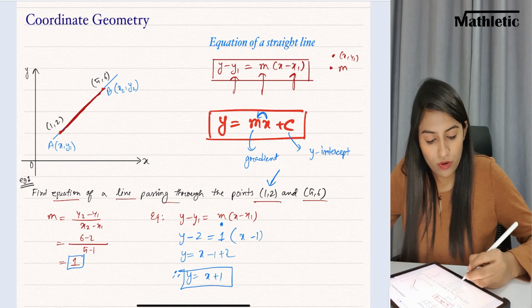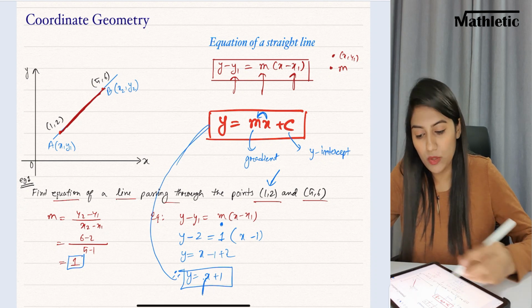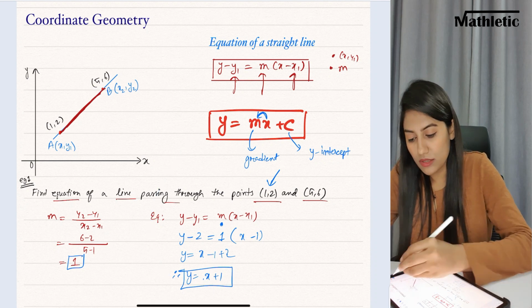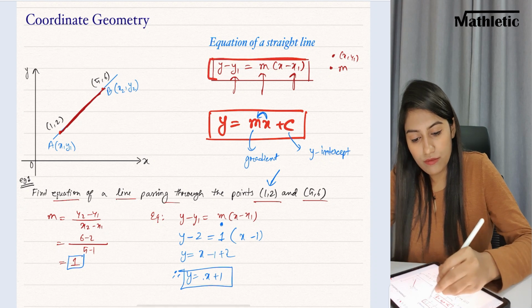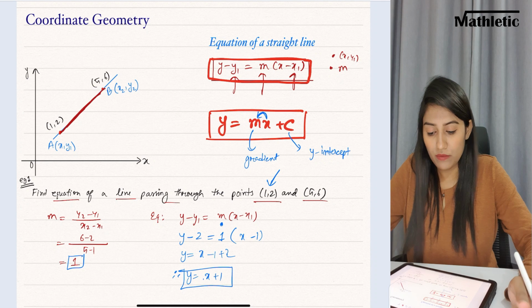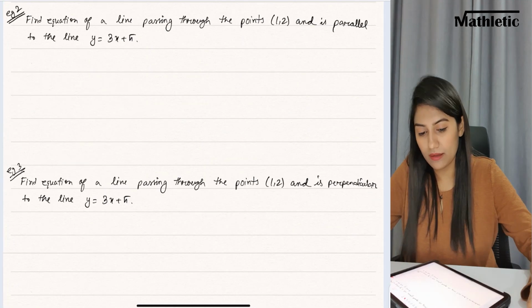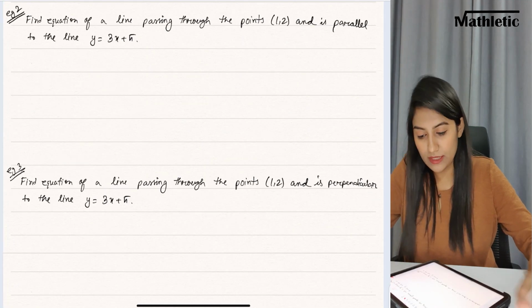So from here, if we compare these two, the gradient is actually 1. So these are the two formats of the equation of a straight line. I'm done with example 1, and next we will solve two more examples, example 2 and example 3.